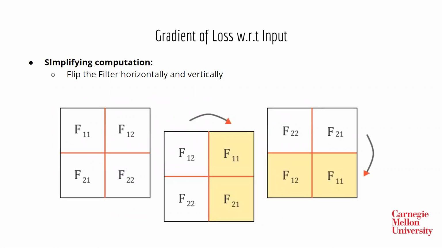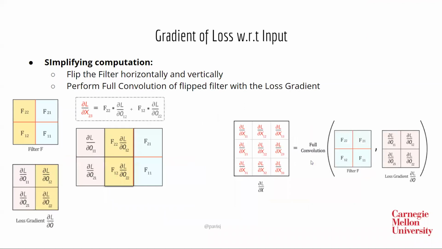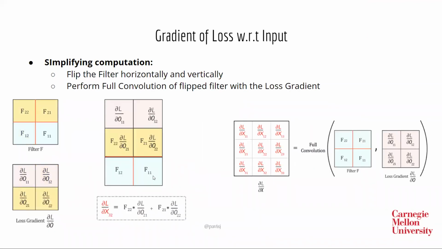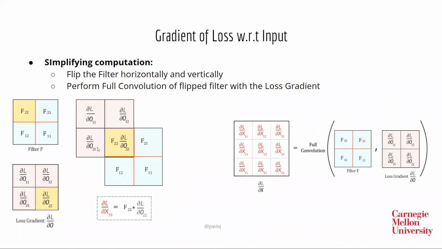But in order to do that, we'll have to do some manipulation with the filter. So we'll be taking our input filter and flipping it vertically and horizontally. That's a total 180-degree flip. So this is what you get after you flip it horizontally and vertically.